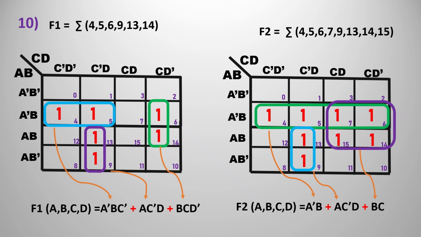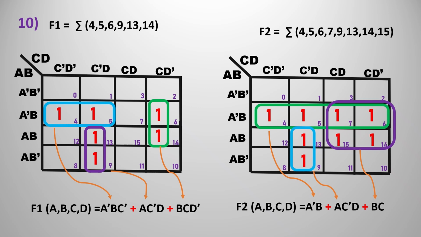So three variables are present in the blue box, the purple box, the green box, any box. If you consider the F2 expression, the four cells are present in the same row, and the C D variables are changing. So don't consider C and D, only consider A, B, A bar, B. That becomes our first expression, the first SOP term.